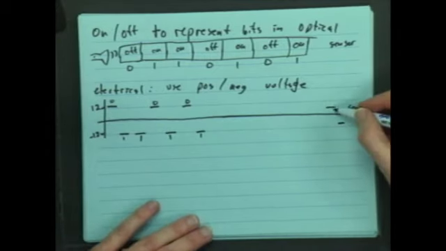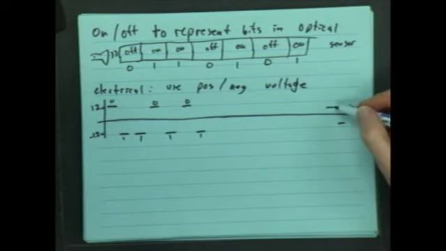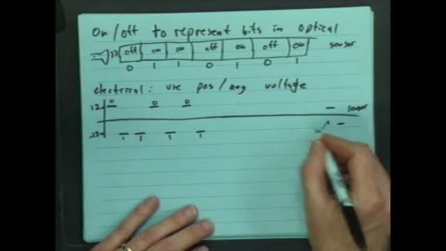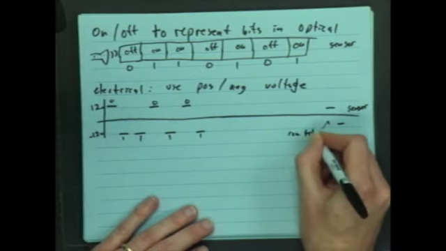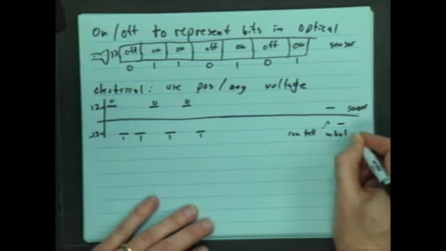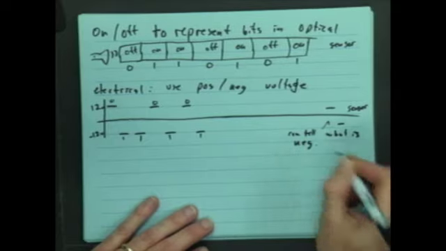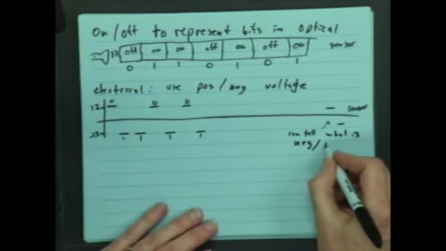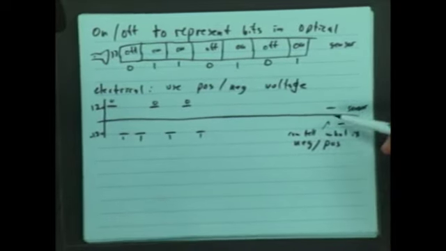I can still tell one is negative and one is positive. Okay, so I can tell negative or positive. And that's how we tell a 1 from a 0.